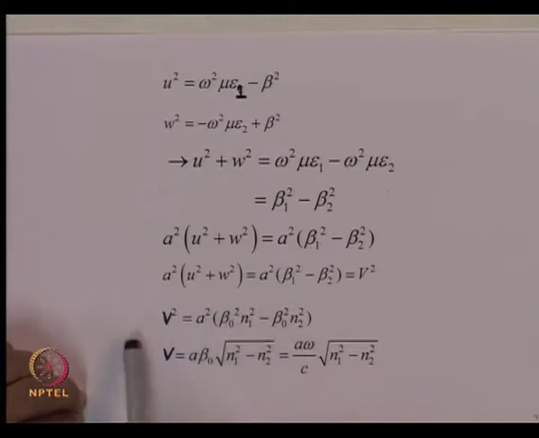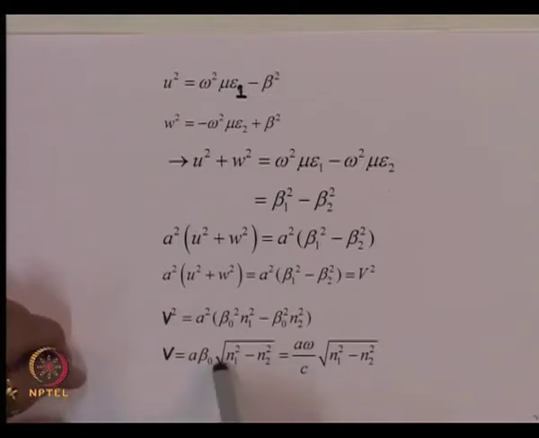And if I simplify this quantity, V will be equal to a, you can take beta 0 common from here. So a into beta 0 times the square root of n1 square minus n2 square. As you know, beta 0 is the free space propagation constant, which is given by omega upon c, where c is the velocity of light in vacuum.